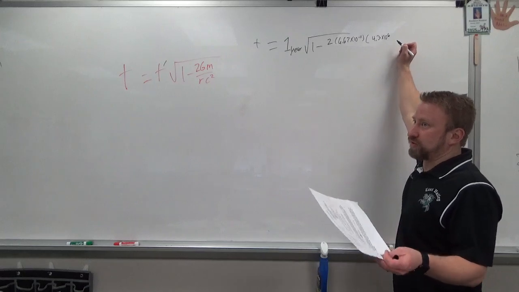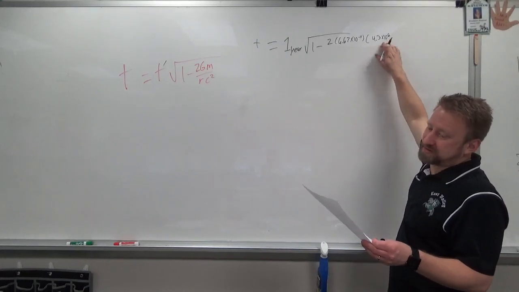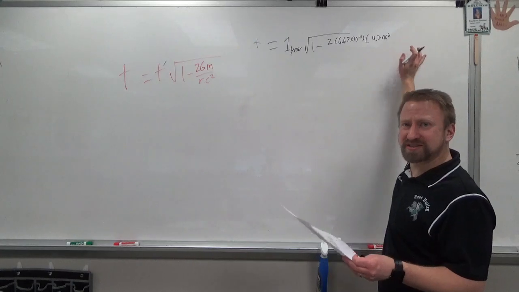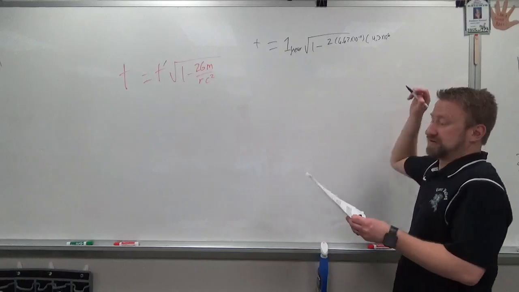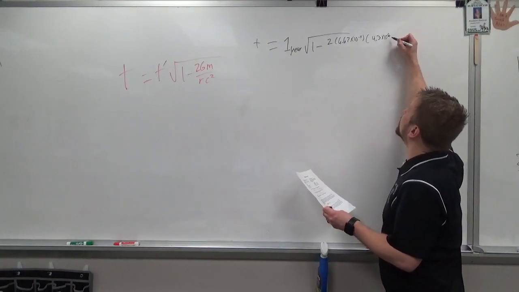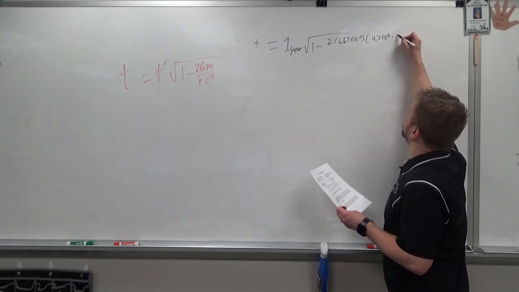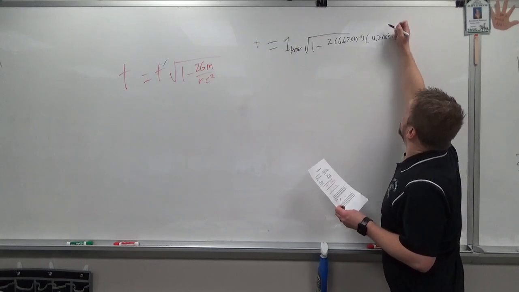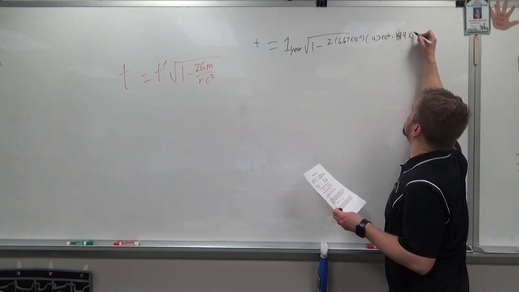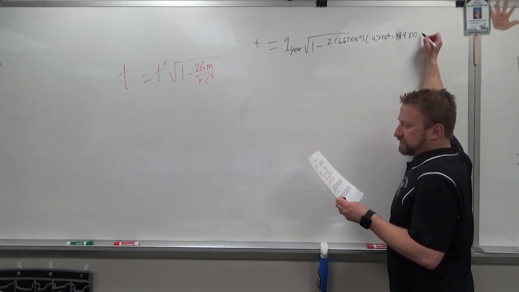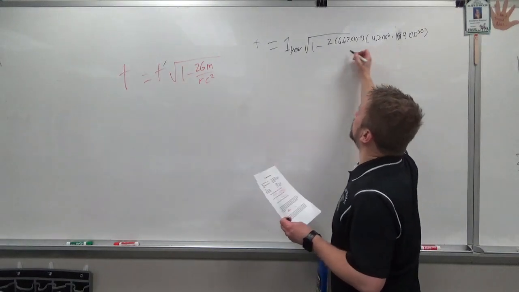Since one solar mass is the mass of our sun, we have to multiply the 4.3 times the mass of the sun. I hope this is big enough that you can see. So we're going to multiply by the mass of the sun, which is on our chart here. So it's 1.99 times 10 to the 30th.